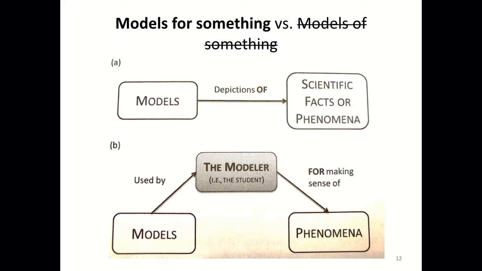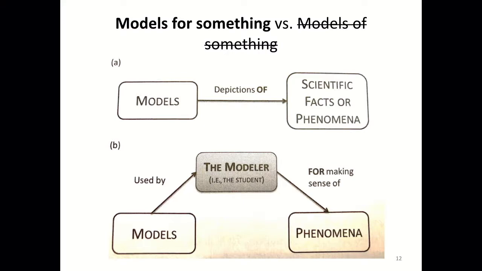Let's look at these two diagrams. Many people think, incorrectly, that models are depictions of scientific facts or phenomena. Well, models can be depictions, but that's not all they are. The bottom more accurately illustrates what models are to scientists and others.